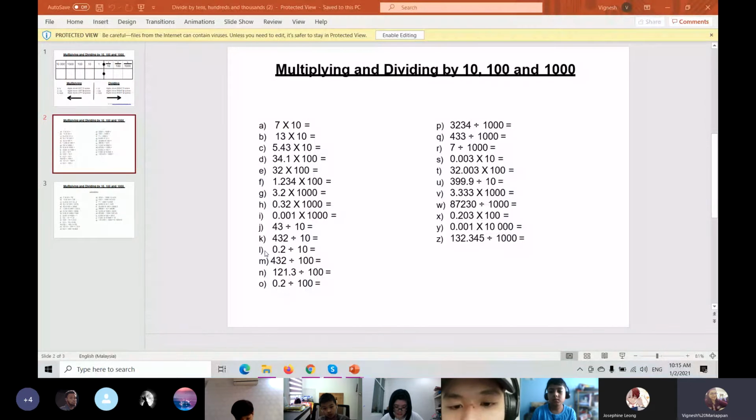432 divide 100. What is the answer? Faster. 4.32.